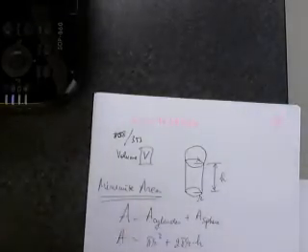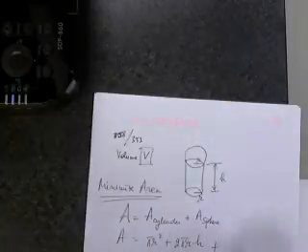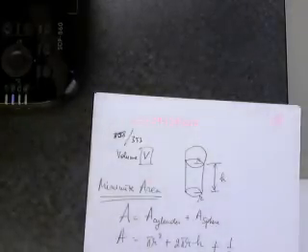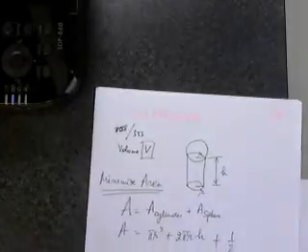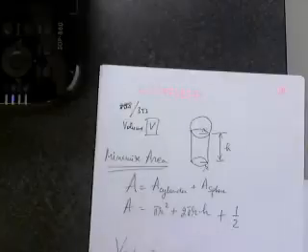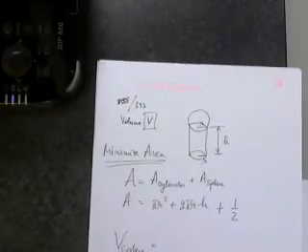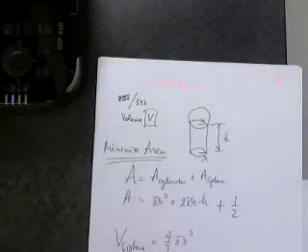Now how do I determine the area of the sphere? It's half a sphere. Do we know the volume of a sphere? 4/3 pi r cubed.